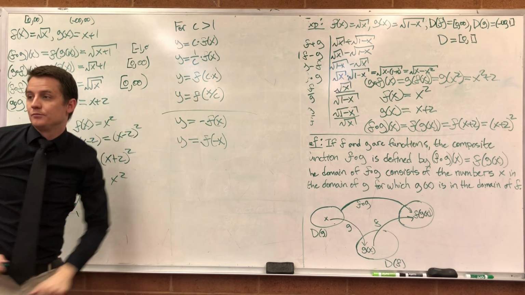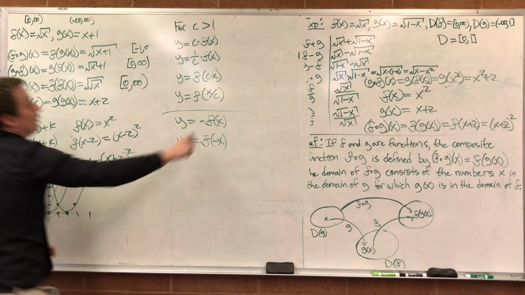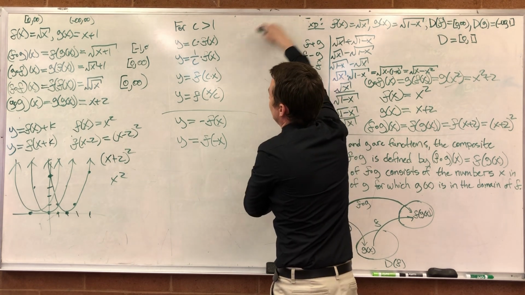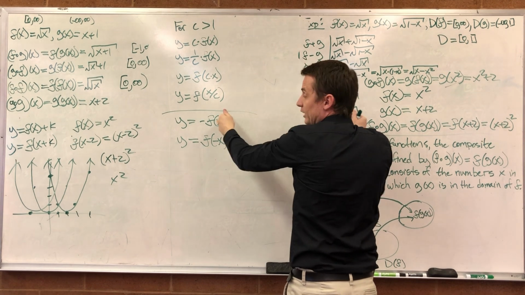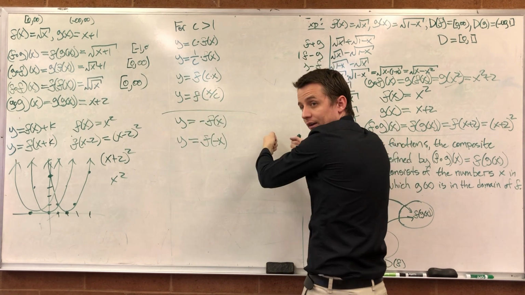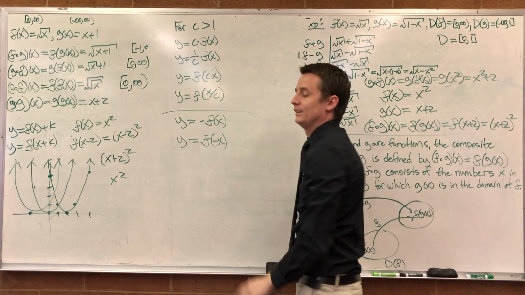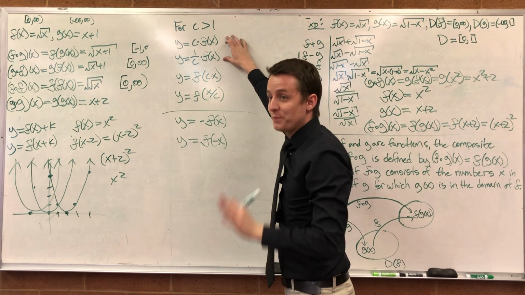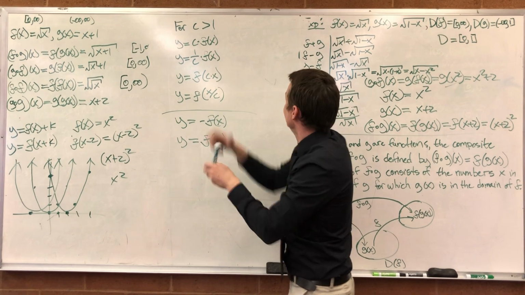F of c of x, this one compresses it horizontally. So this stretched it vertically, this one compressed it vertically. Similarly, this one stretches it horizontally. I keep saying the wrong words. These two are horizontal, these two are vertical. Stretch, vertical.